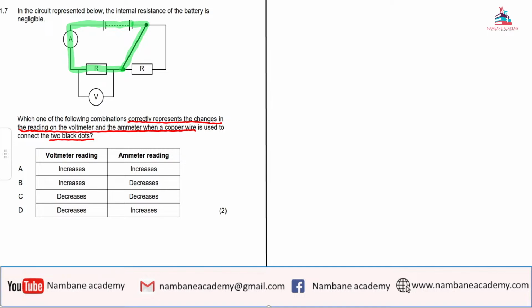So if it does not go to the other R, what does it mean? It means the R total decreases. Maybe I should just put it this side. R decreases, which is true.